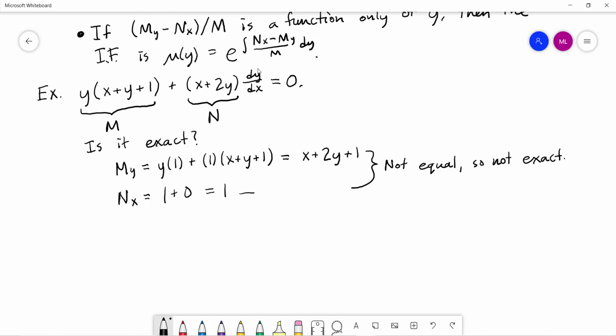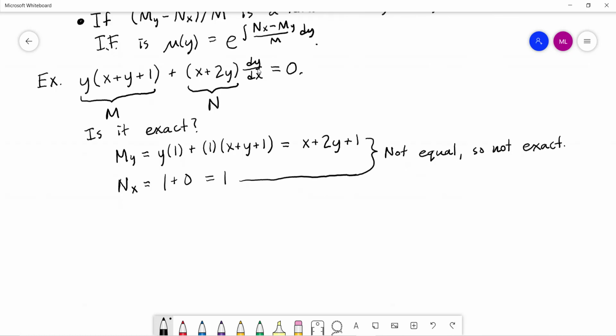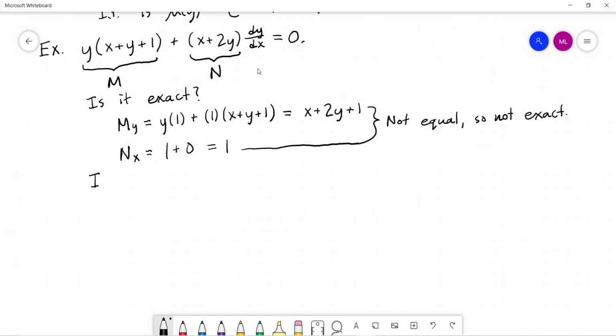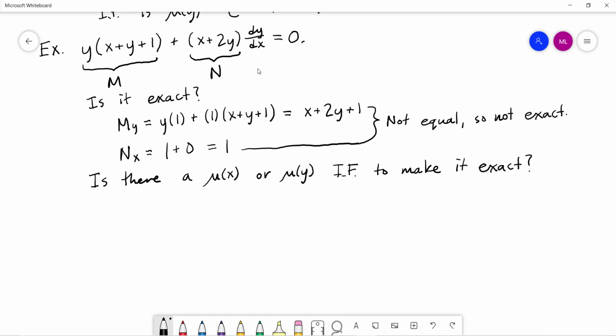Okay, and so now we say, okay, is there a way to make it exact? So is there a mu of x or mu of y integrating factor to make it exact? Is there something I can multiply the whole equation by to get it to work out?